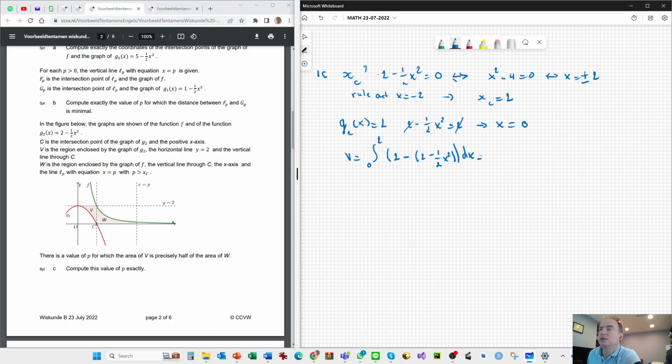So it's nice that these 2's drop here. So it's just 0 to 2 of 1/2 x squared dx.